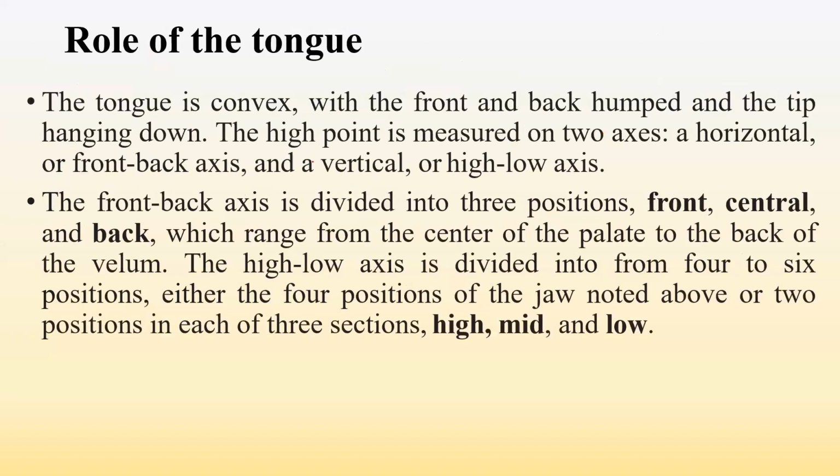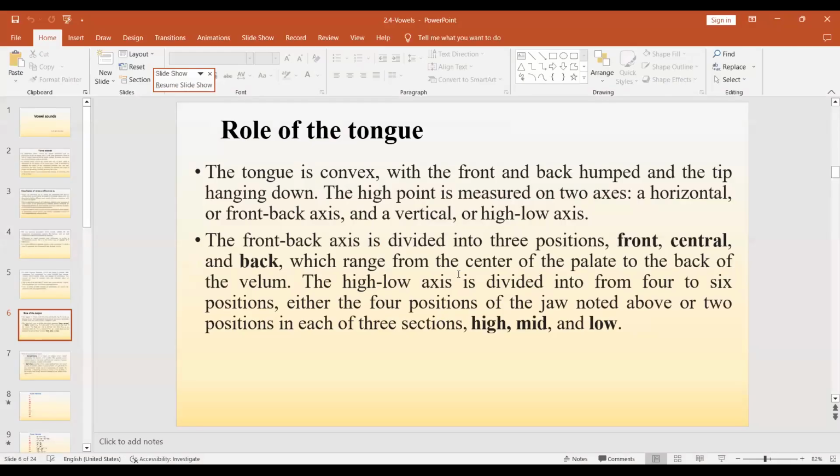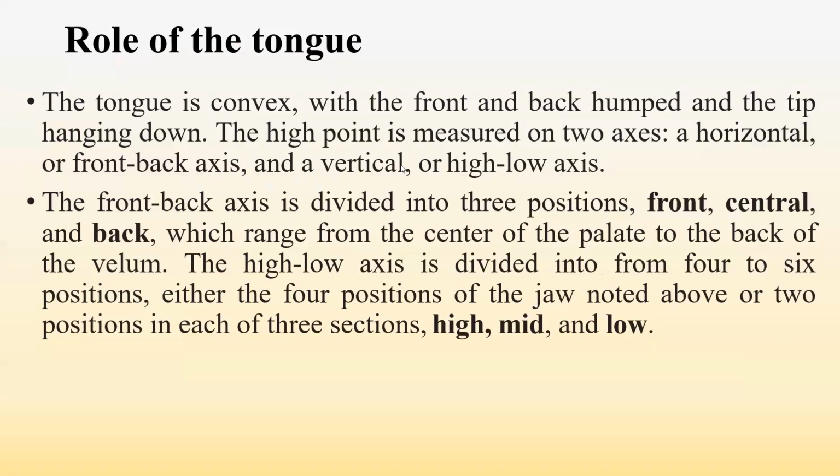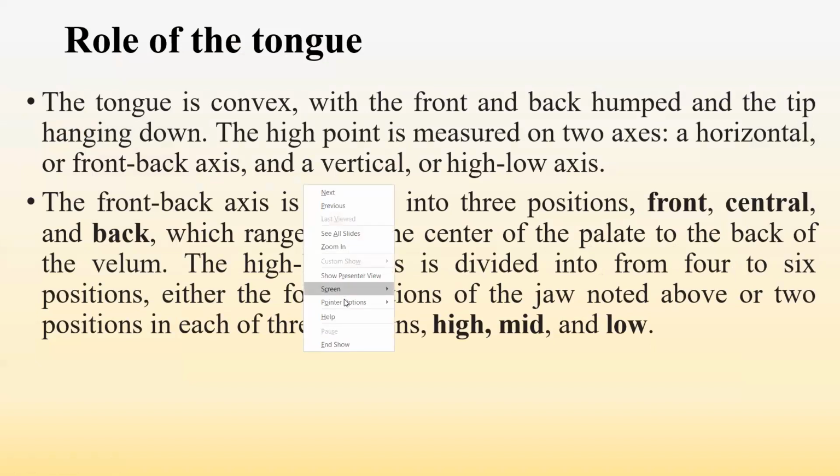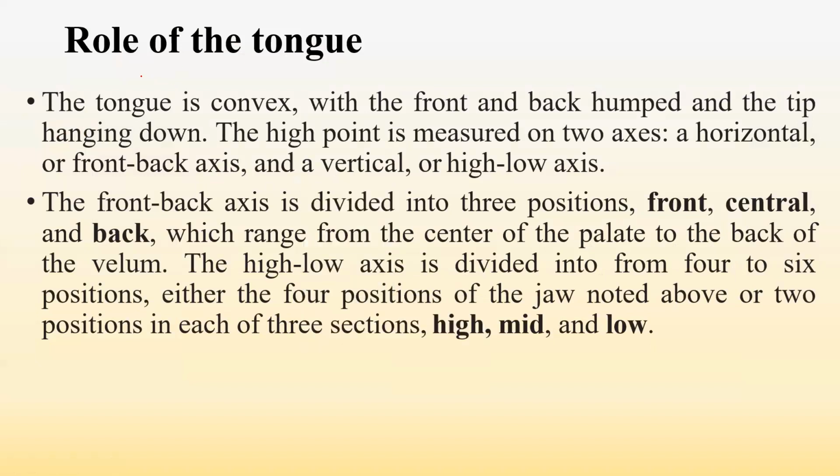Okay, so there are certain things we have to talk about when we talk about vowel sound production. Just give me 1 second to go back. Okay, we are going to talk about the role of the tongue here, right? The tongue is very much important in the production of vowels. In the production of consonants, not only the tongue, there are some other important articulators.